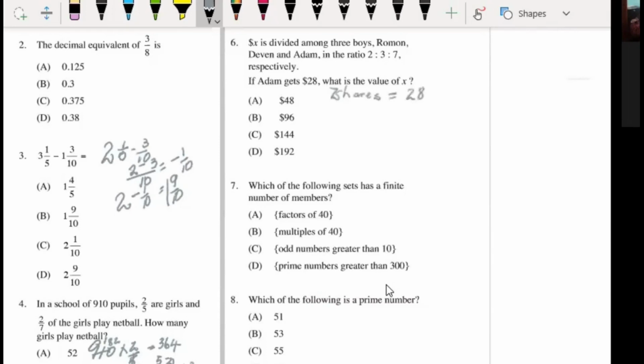So 1 share will be equal to $4. 28 divided by 7, which is $4. Now, how many shares are there in all? We'd have to add the number of shares for each of them together. So the total number of shares is 2 plus 3 plus 7, which is 12. Therefore, X now will be equal to 12 times 4, which is equal to $48.